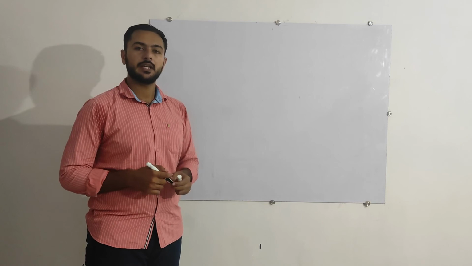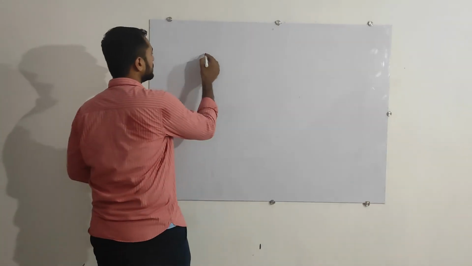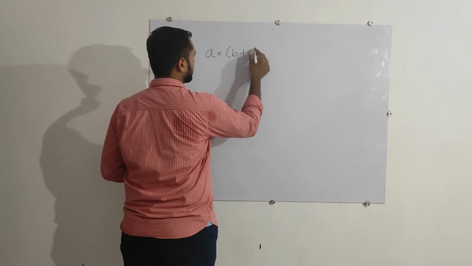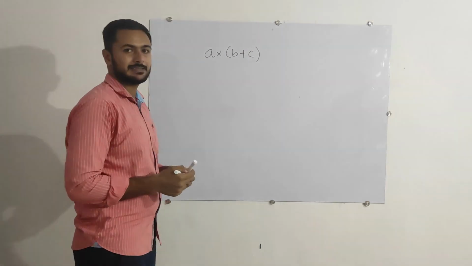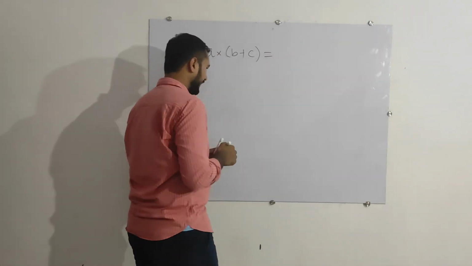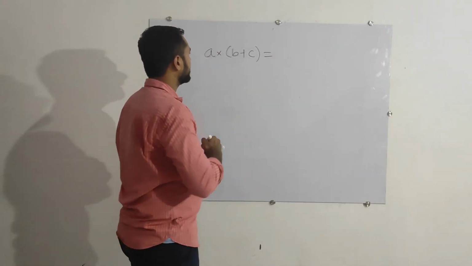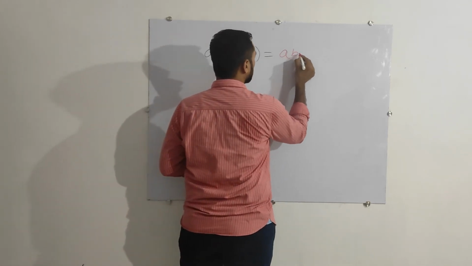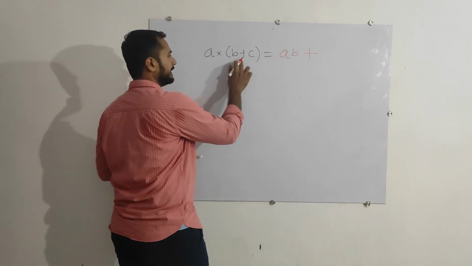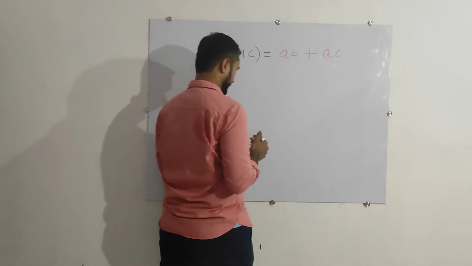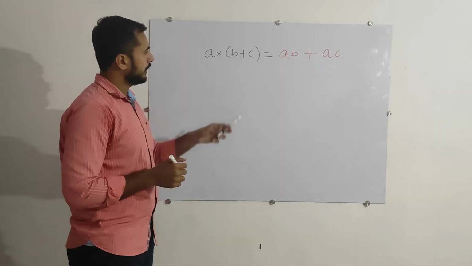For distributivity, we can say that if A multiplied by B plus C is there, then it is equal to A into B plus A into C. Here there is addition.